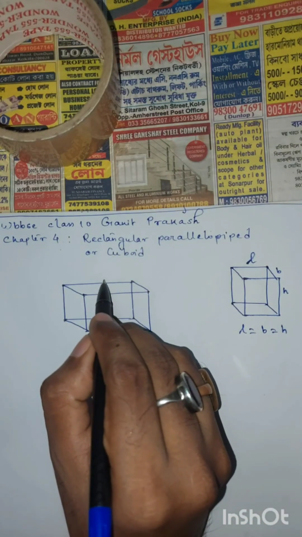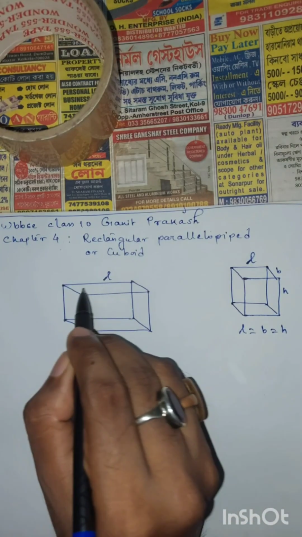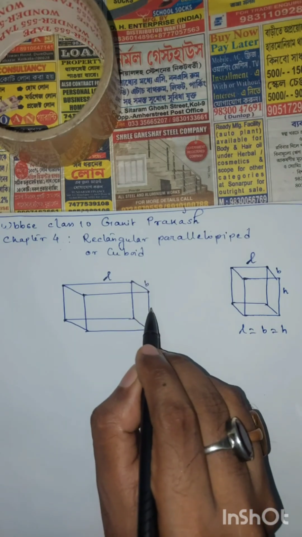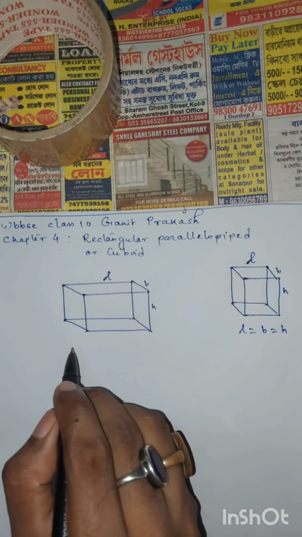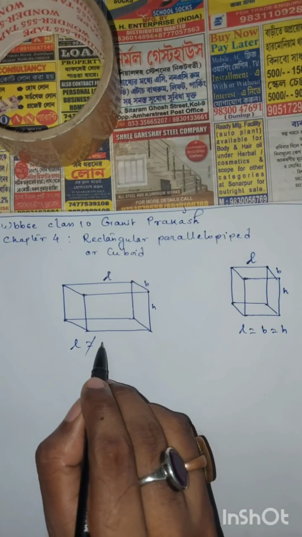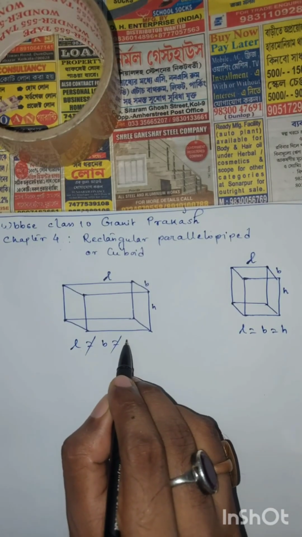That means, let us say this is the length, this is breadth and height. So length, breadth and height, these three things are not equal. Length is not equal to breadth, which is not equal to height.